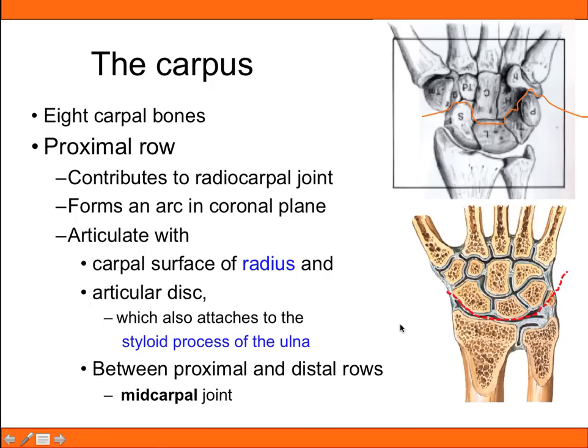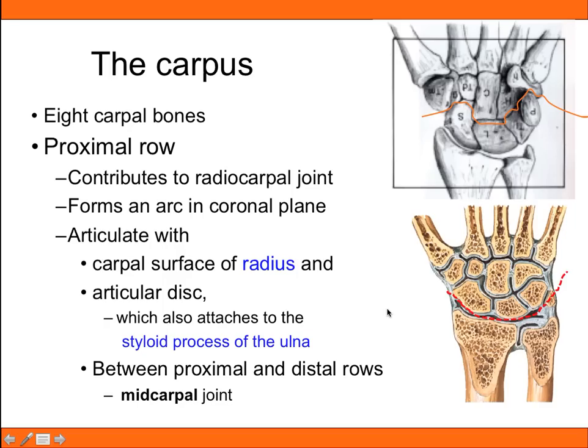And why I say there's an indirect joint is because in between here there is an articular disc that is superimposed in between these two bones, which connects quite strongly to the ulnar styloid process. So you might see this referred to as an articular disc. You might see this referred to as the meniscus.